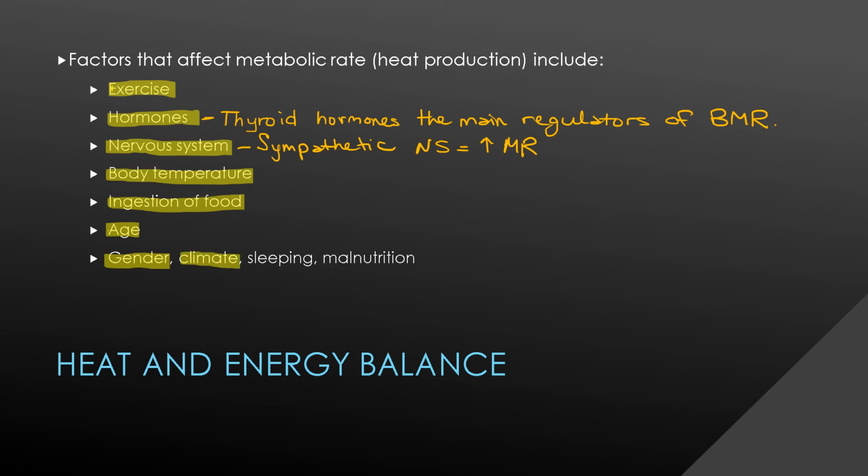Climate is also another factor. Generally, metabolic rate is lower in tropical regions than in other regions. Sleeping as well. Your metabolic rate is decreased or lower when you're sleeping as opposed to when you are awake and active. And also malnutrition. So you're going to have a lower metabolic rate if you're malnourished.